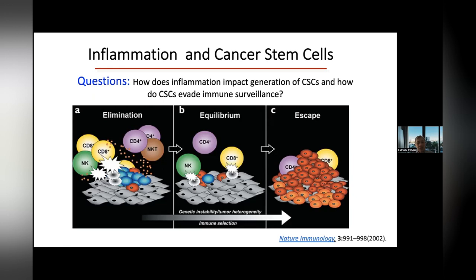This is called the elimination stage. But with more mutations or epigenetic changes, some cells may become more resistant. The immune cells can eliminate some cells, but some cells survive a little better. So the immune system and the tumor growth reach a kind of equilibrium, and this equilibrium can last a long time. And eventually the tumor cells escape from this immune surveillance and grow out.